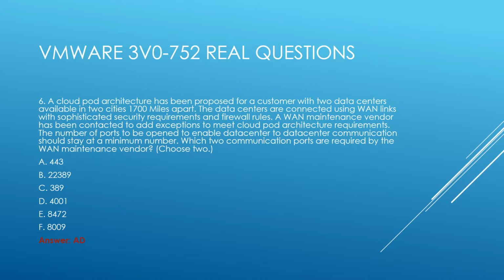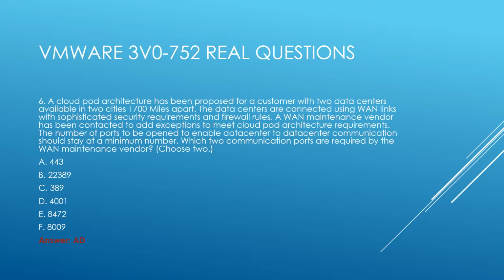6. A cloud pod architecture has been proposed for a customer with two data centers available in two cities 1,700 miles apart. The data centers are connected using WAN links with sophisticated security requirements and firewall rules. A WAN maintenance vendor has been contacted to add exceptions to meet cloud pod architecture requirements. The number of ports to be opened to enable data center communication should stay at a minimum number.